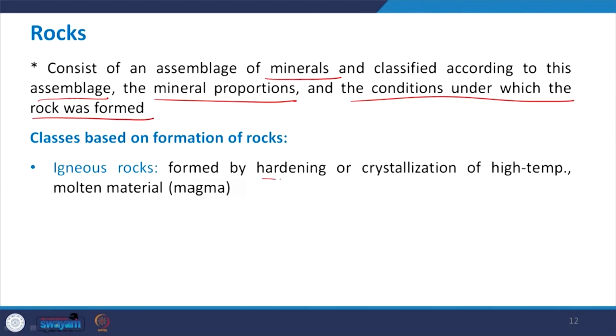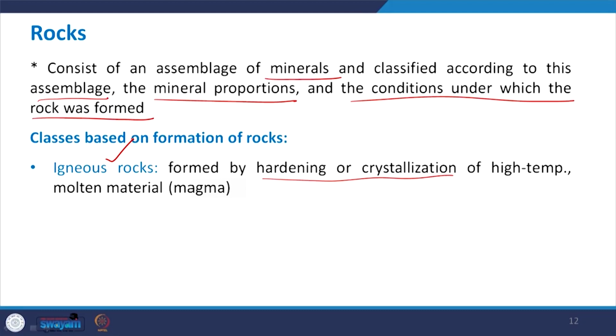These are formed by hardening or crystallization of hot molten material, magma. When this erupts, it goes all around on the surface of the earth's crust. Then over a period of many years, it cools down, giving rise to igneous rocks.